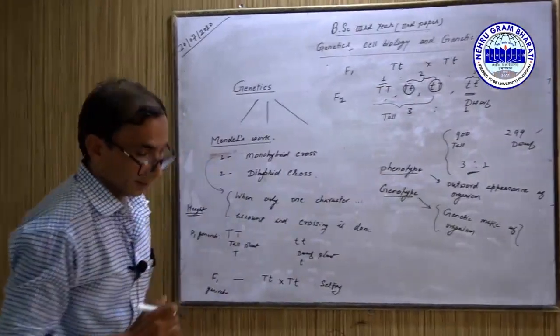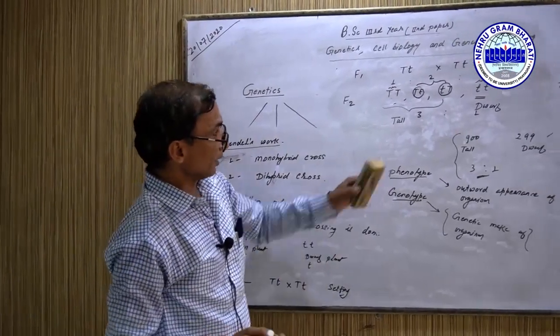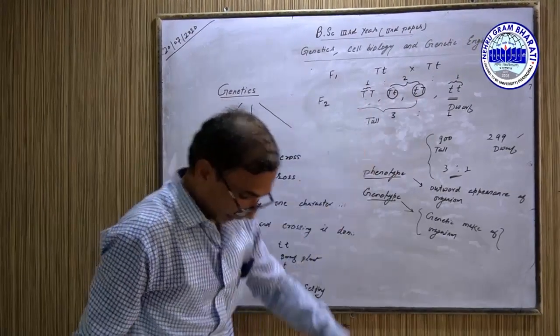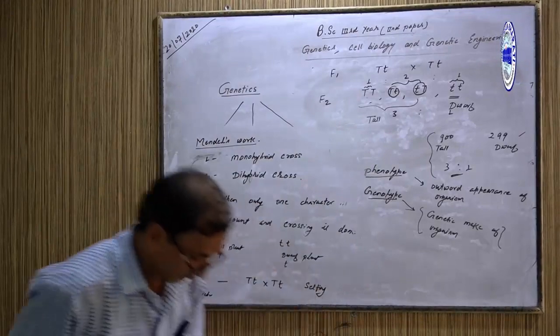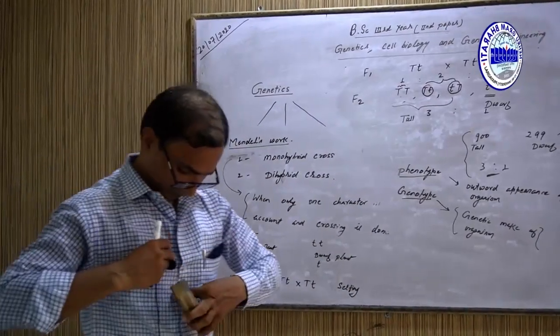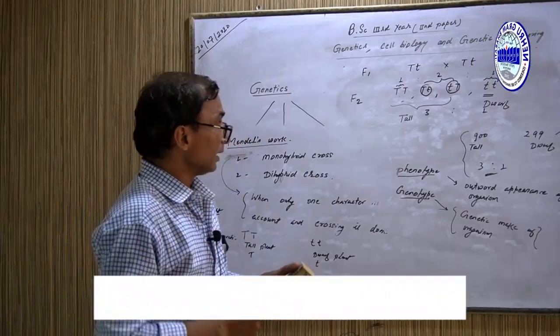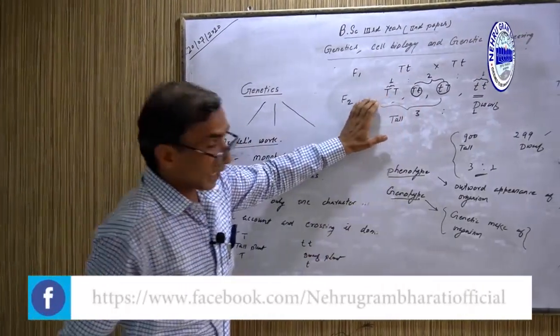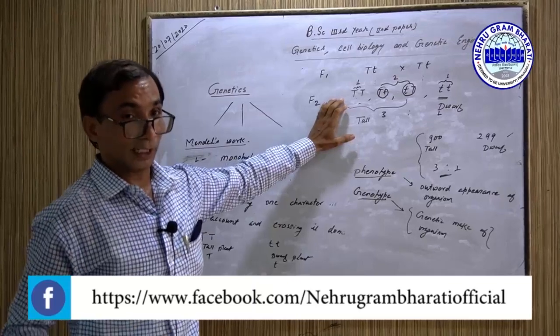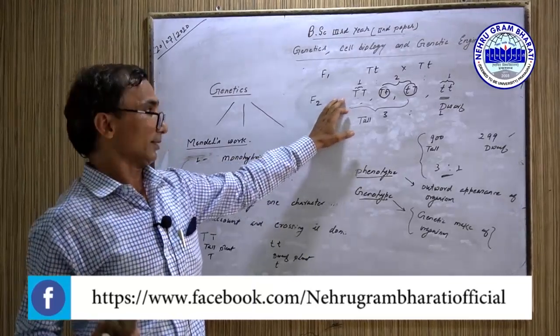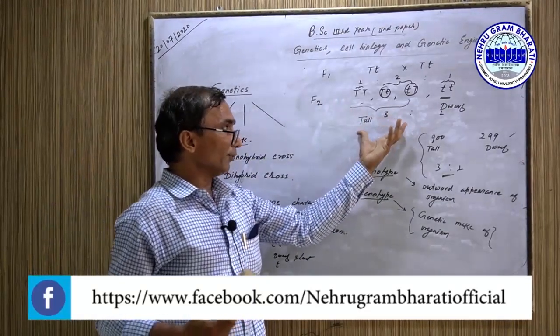So what do you see? Yes, of course. What you see is that in genotype, I beg your pardon, in genotype, the organism has to be ascertained whether it is in heterozygous condition or in homozygous condition. But in phenotype, we can predict.